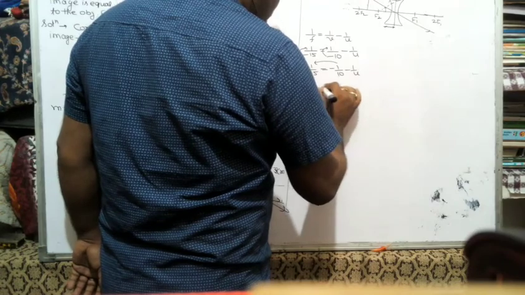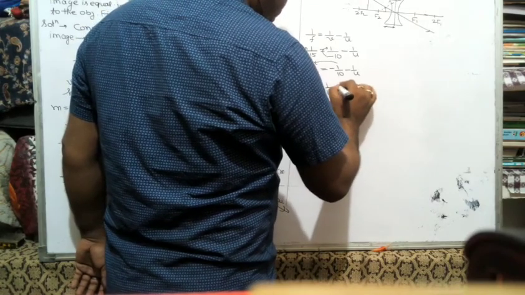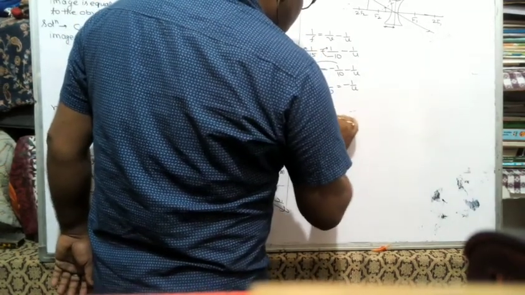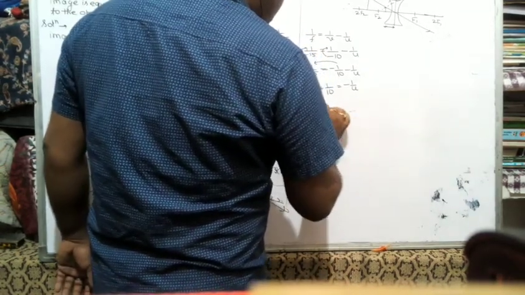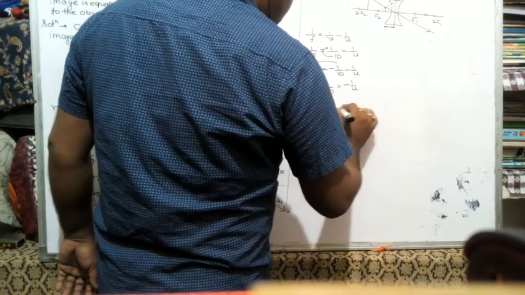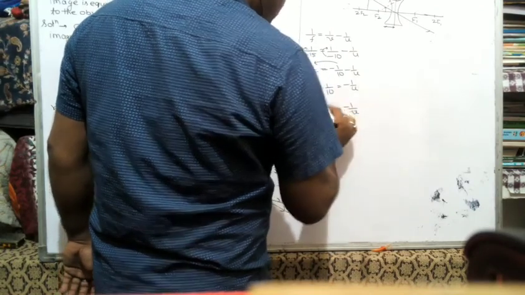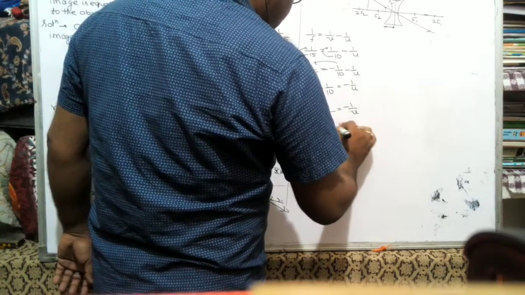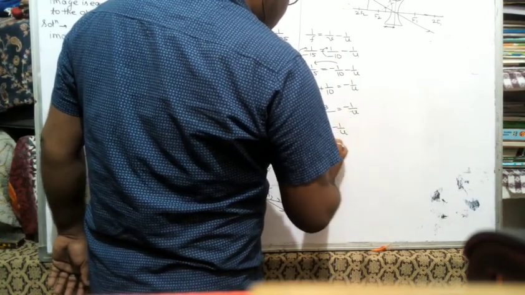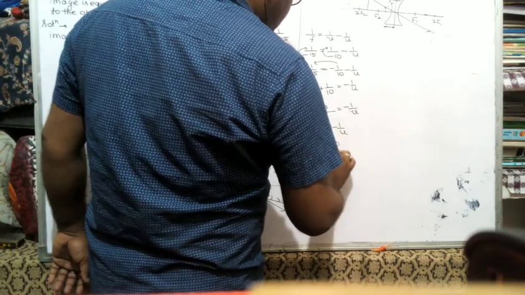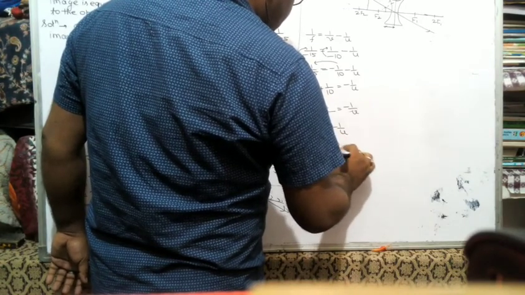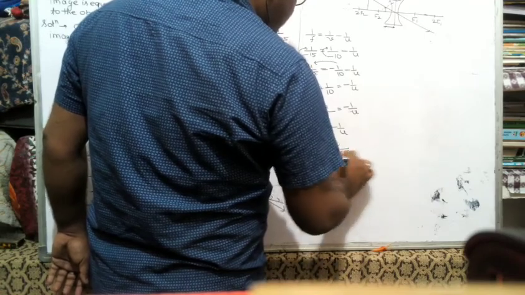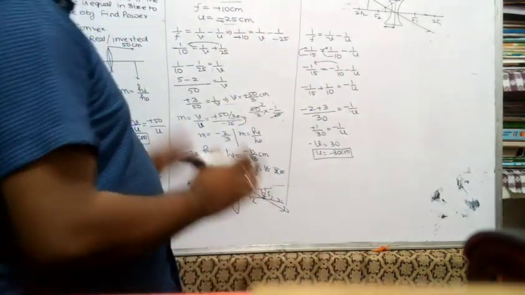Minus 1 upon 15 plus 1 upon 10 equals minus 1 upon u. Take the LCM. It is 30. Minus 2 plus 3 is equal to minus 1 upon u. So it is plus 1 upon 30 is equal to minus 1 upon u. So u is equal to minus 30 centimeters. Understood beta? Now with the help of these, you can draw the diagram.